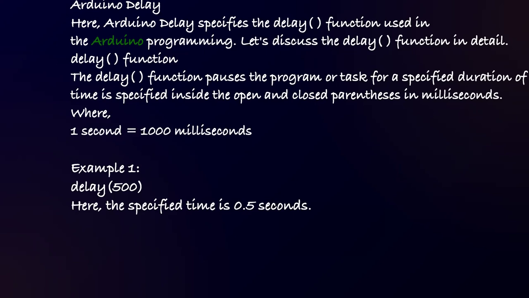We all know that. Now, in Arduino, if you want to specify the pauses in seconds, we have to give the command in milliseconds. Because it might not seem to be a large span of time for us. 1 second, how much is 1 second?